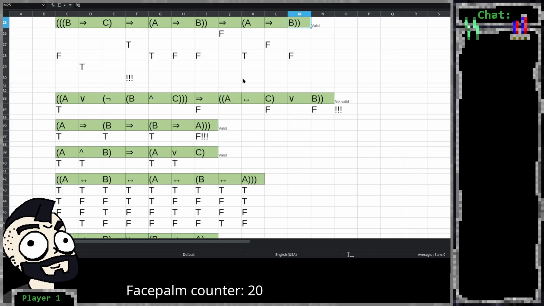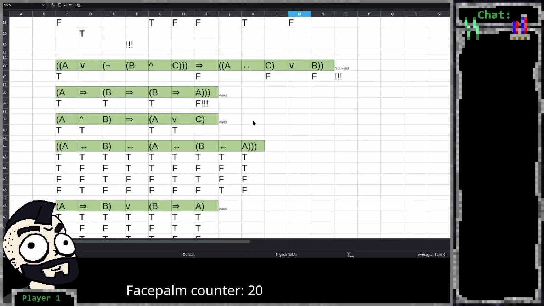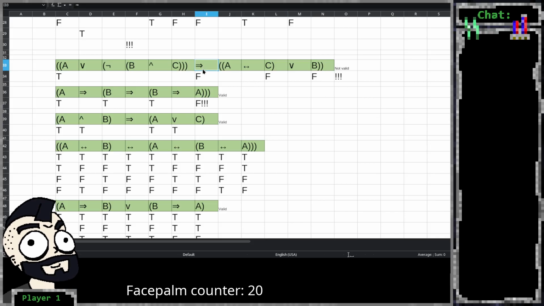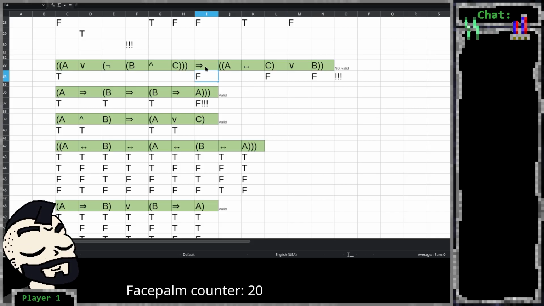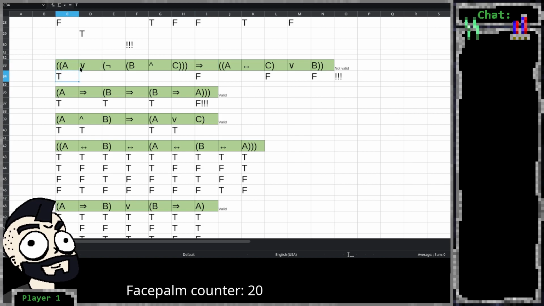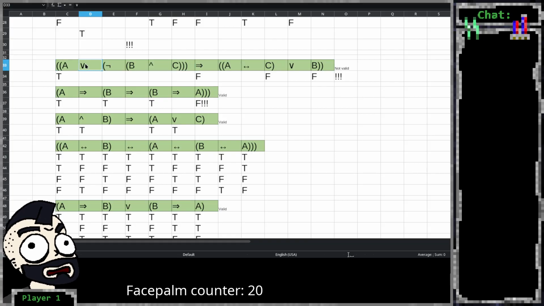When you get a lot of practice doing this, and I've been doing this for years, you can develop an intuition. Again, okay, I have to make this false. This implication has to be false. So I just assign A to be true, because I don't want to care about all this. As long as A is true, this disjunction is true, and I have to make this false.